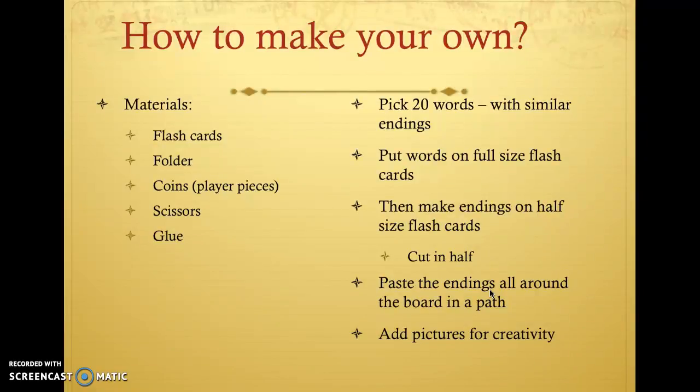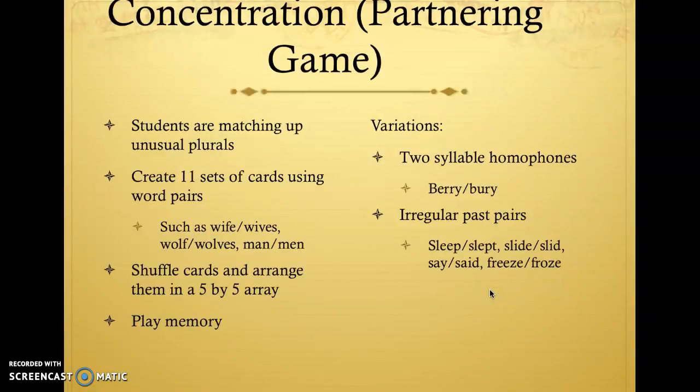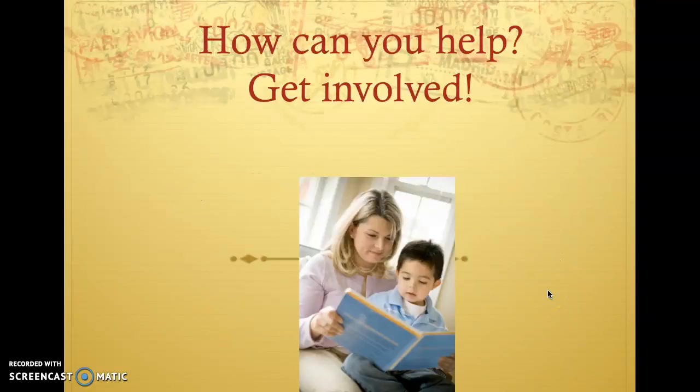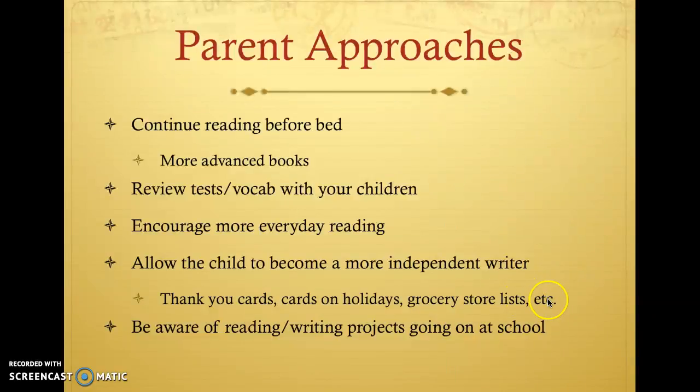Okay, so these are the things that you need. Here's a game to play with plurals or homophones or irregular past, sleep and slept, slide and slid. What can parents do?